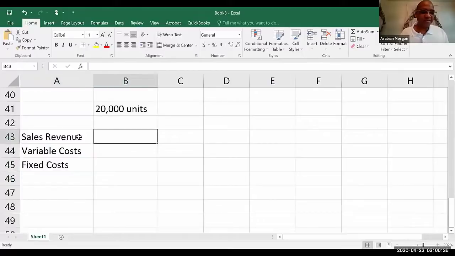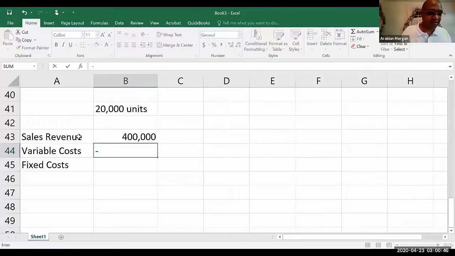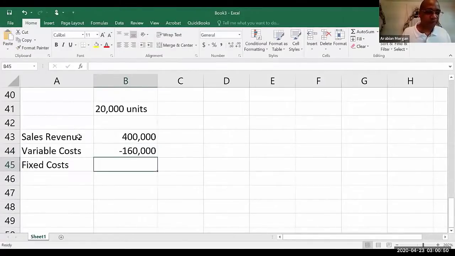So our sales revenue is given to us as 400,000. And our variable cost is 160,000. I'm just going to write this in as a negative number. And we've got our fixed costs. We don't want to forget the fixed costs.